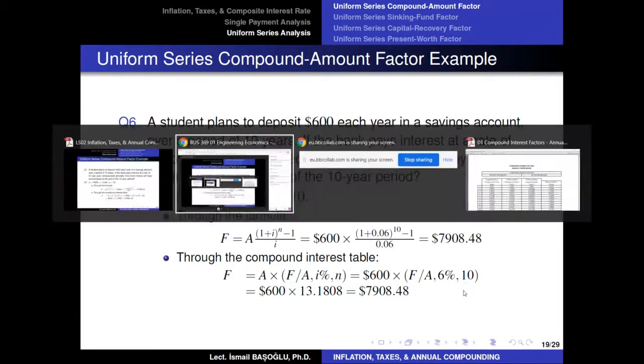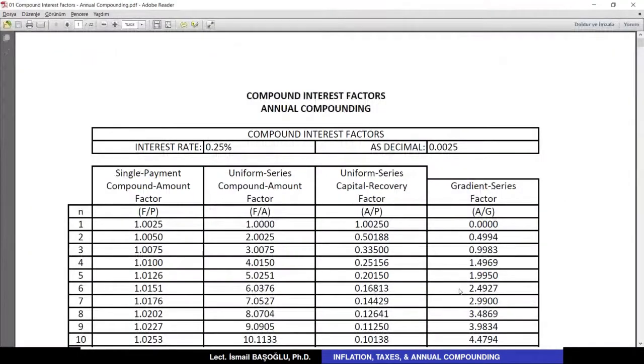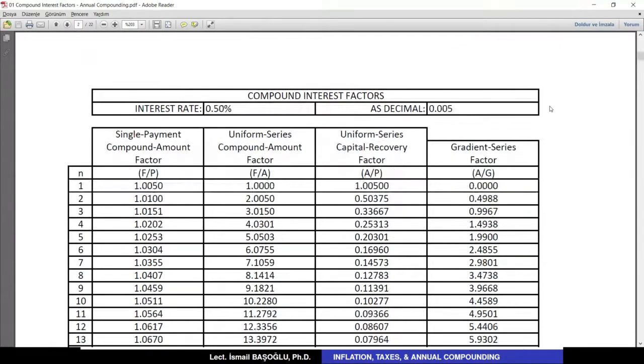And now we are just going to switch to our table. You see in this table we have every page corresponding to a certain interest rate, and in each page we have the uniform series compound amount factors in the second column for different numbers of investment years on the rows. So I'm just going to move forward a few pages until I reach 6% interest rate here.